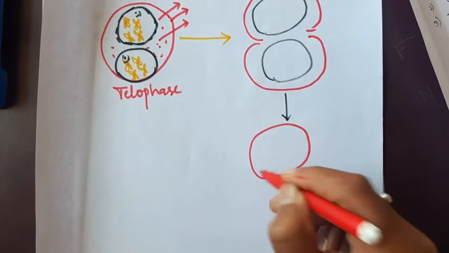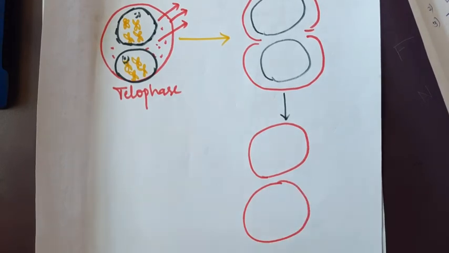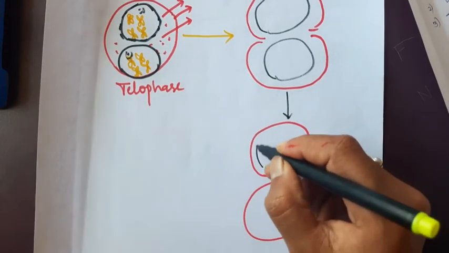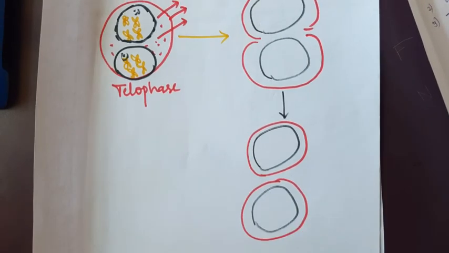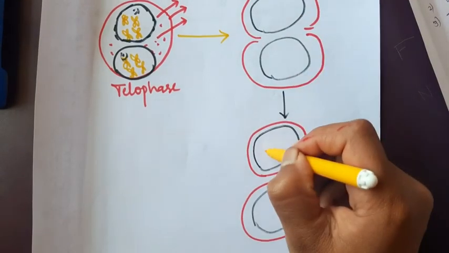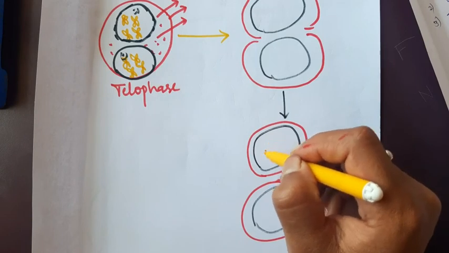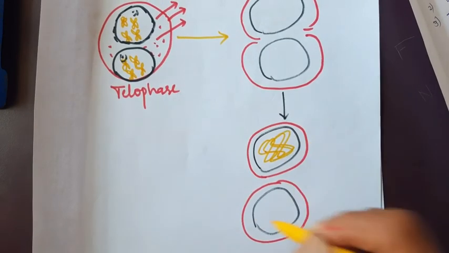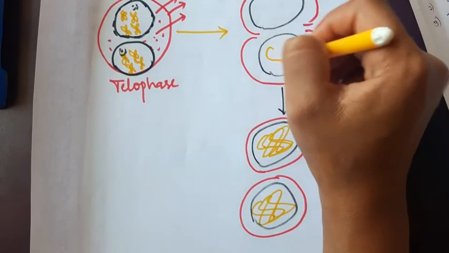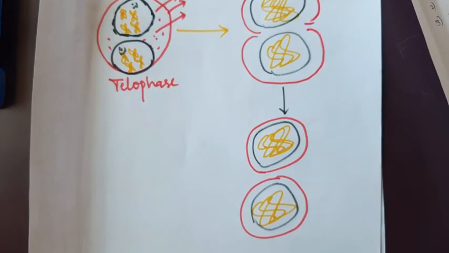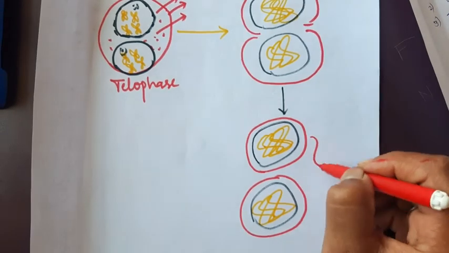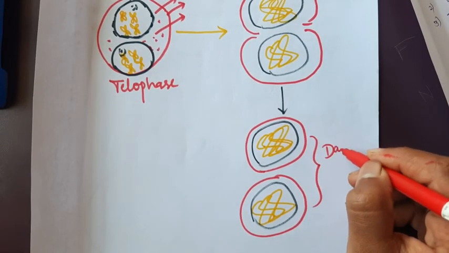Next, two complete cells are formed. Chromosomes uncoiled to form chromatin. Okay, these are the two daughter cells.